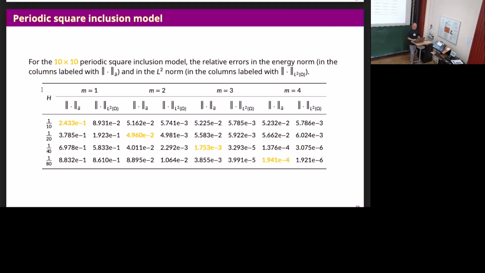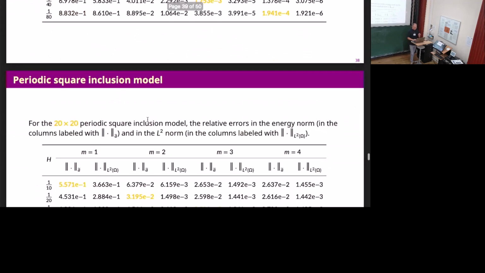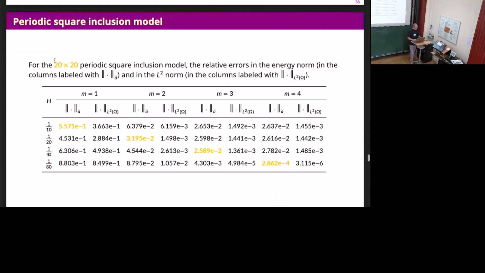This is for this case, and for the case when we use 20 by 20 coarse elements, we also observe some convergence rate as we refine the coarse element size and increase the oversampling layer accordingly.